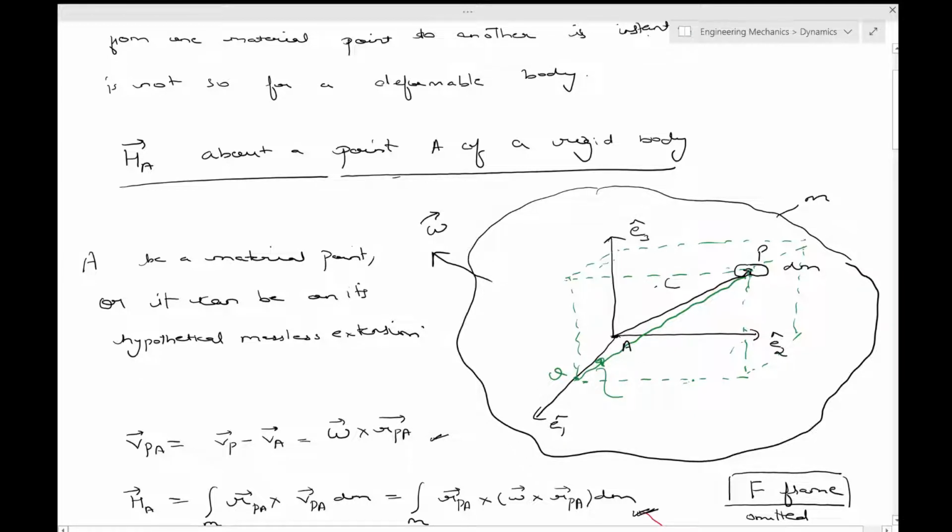What is varying along this distance? x2 square plus x3 square, whole square root. Similarly, this distance will be x1 square plus x2 square, and this distance x1 square plus x3 square.